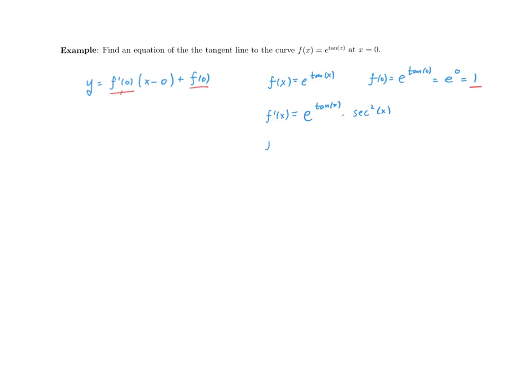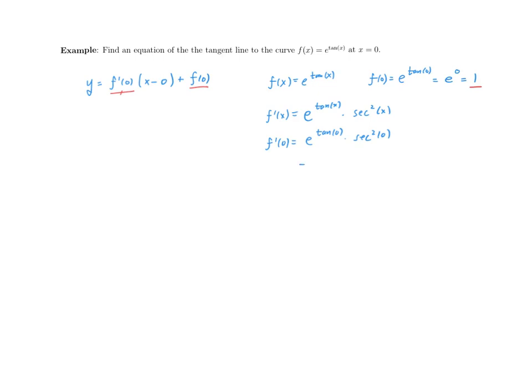The slope of our tangent line is then f prime of 0. So e to the tangent 0 times secant squared of 0. And when it comes to simplifying, this is a scenario where I definitely need you to take it further. Whenever you have the trig functions evaluated at common angles, so think 0, pi over 6, pi over 4, pi over 3, pi over 2, common multiples around the unit circle, you always need to give those values.